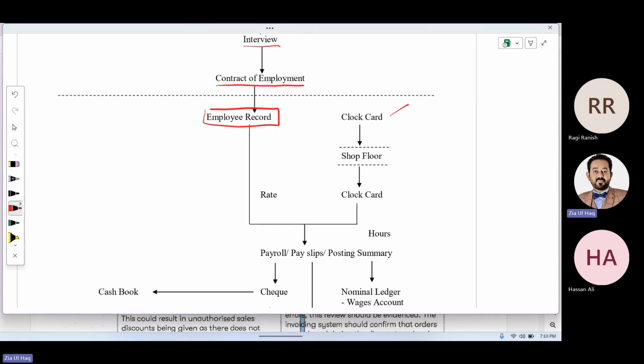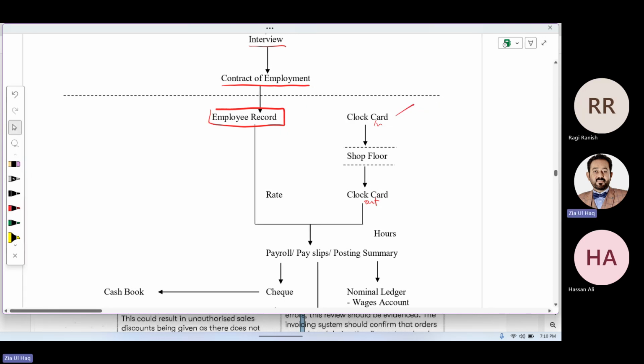And at the end of the day, he needs to clock out, in a similar manner to how he clocked in. So through clock in and clock out, his hours worked will be recorded, either on the card or in the system.